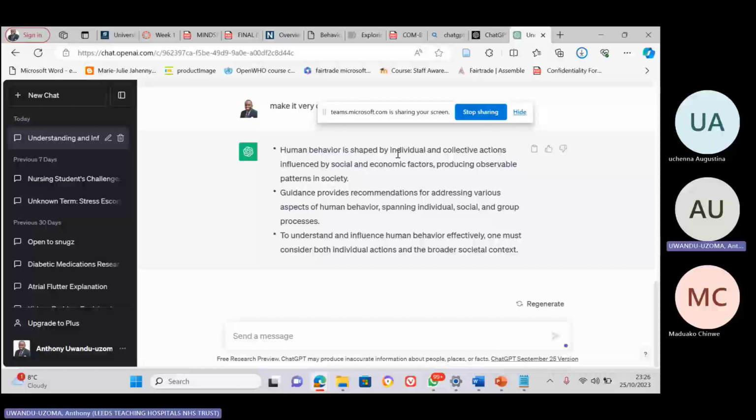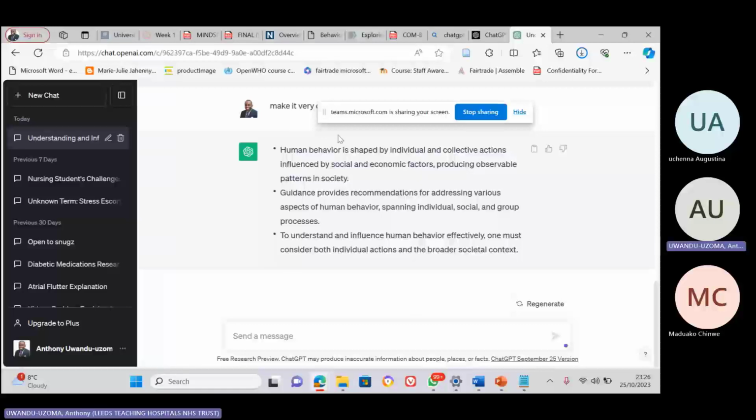So how do I break this down? Human behavior is as a result of actions of individuals and community. That means it is caused by individual behavior and is also caused by the behavior of the community as a whole.